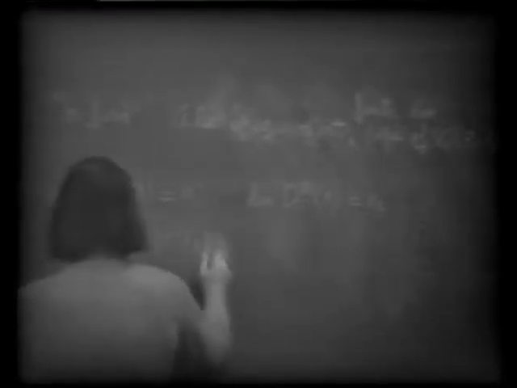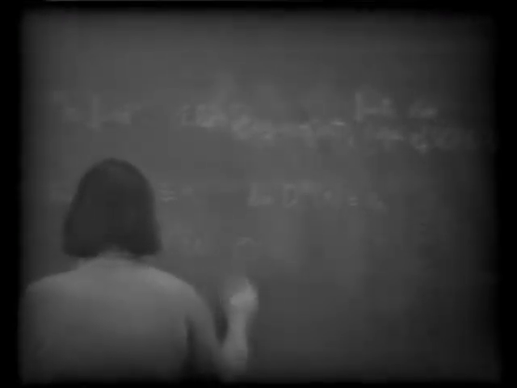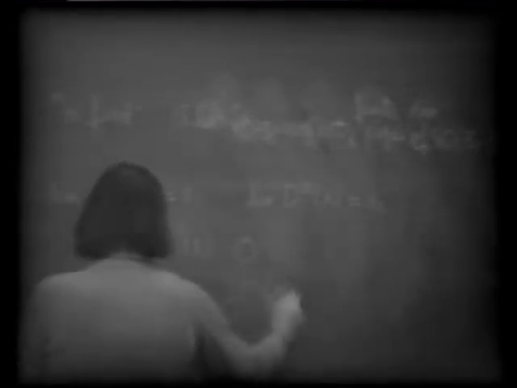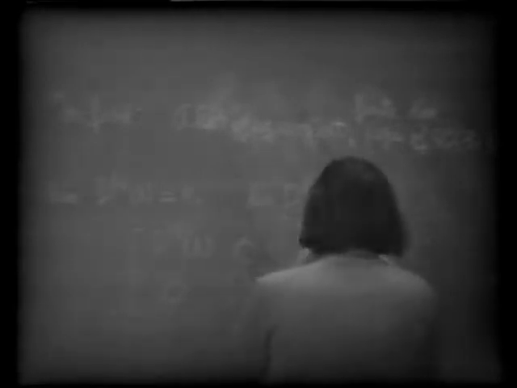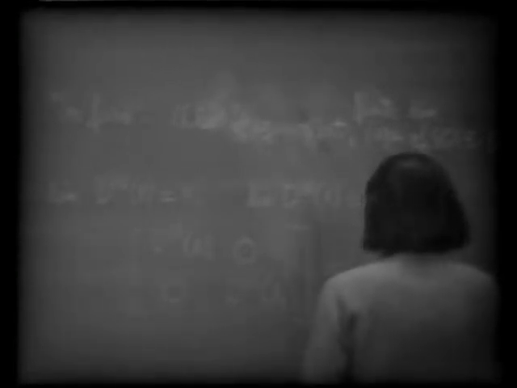I can build a new representation in the following way. I make a great big matrix, which in block form has D1 of lambda here, D2 of lambda here, 0 here, and 0 here. This matrix is given a special symbol. It is called the direct sum of D1 and D2. Can't imagine a more direct way of putting things together.